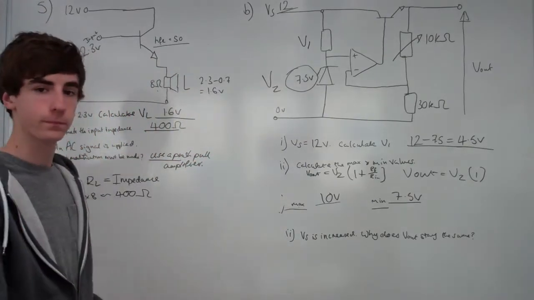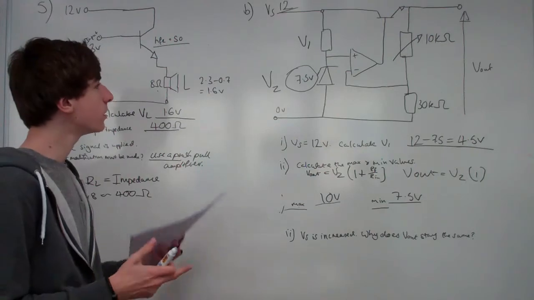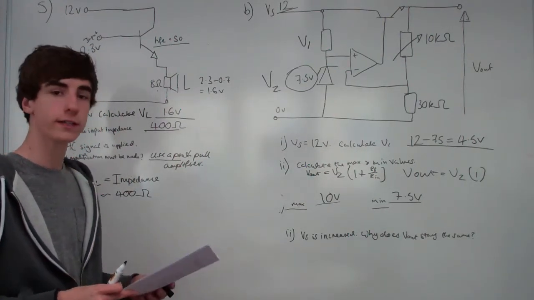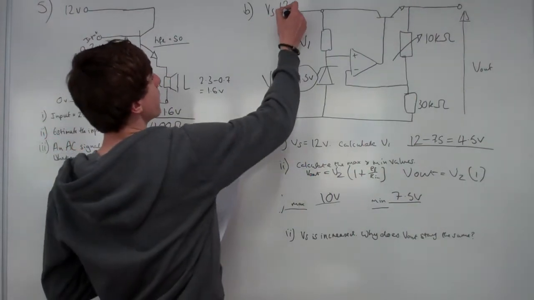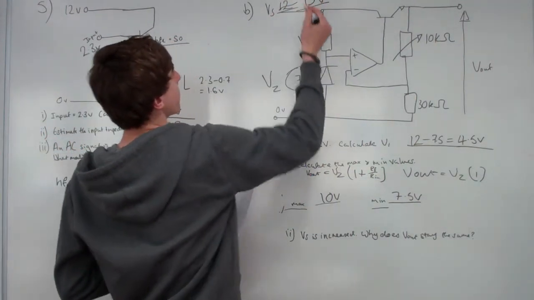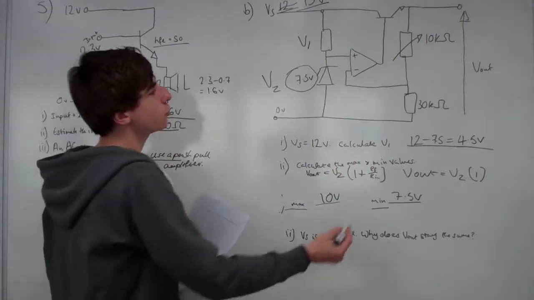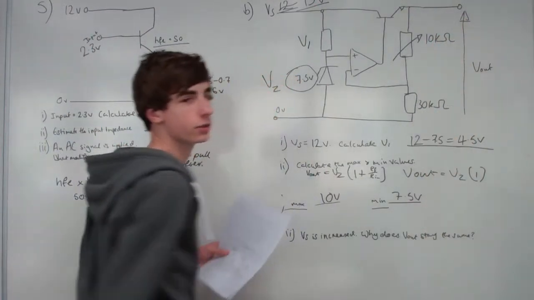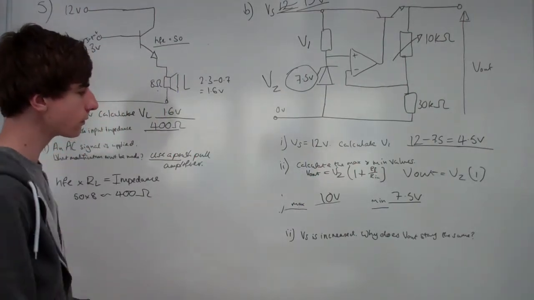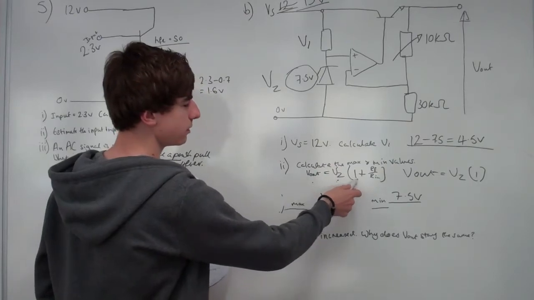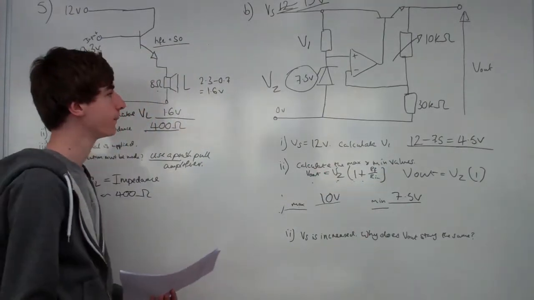Now, the last part of this question says the supply voltage, Vs, increases to 13 volts. So we're now looking at 13 volts up here. Explain why the output voltage, VL, remains unchanged. Now, we know from this that VL is VZ times 1 plus RF over Rin.